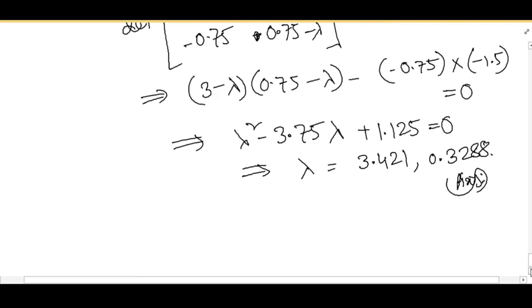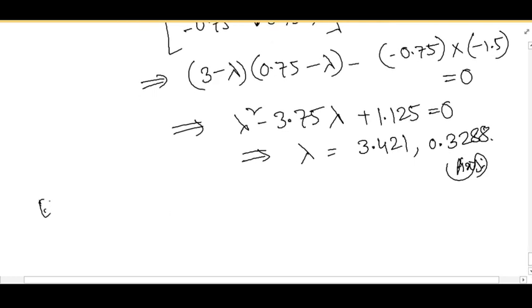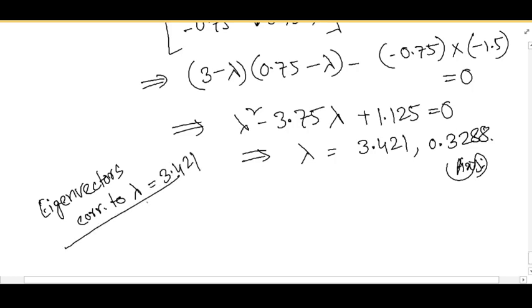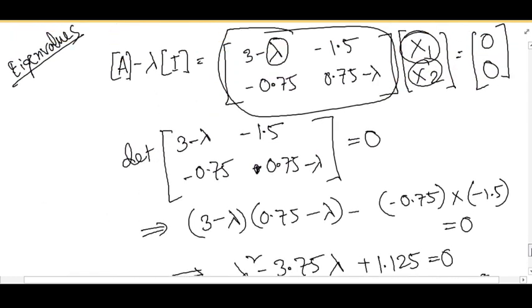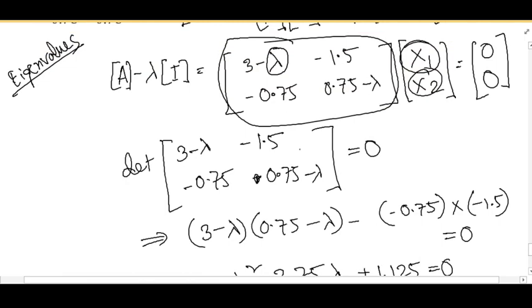And the corresponding eigenvectors: first we will use lambda equal to 3.421, and for this value we obtain the eigenvectors, since we get a non-trivial solution for it. So in this equation we put the value of lambda equal to 3.421.